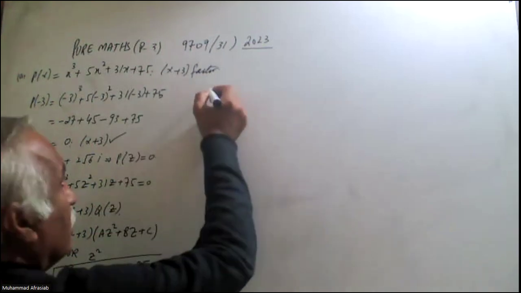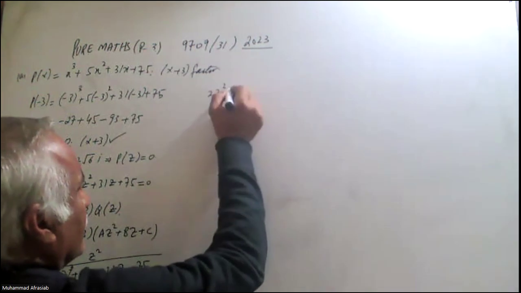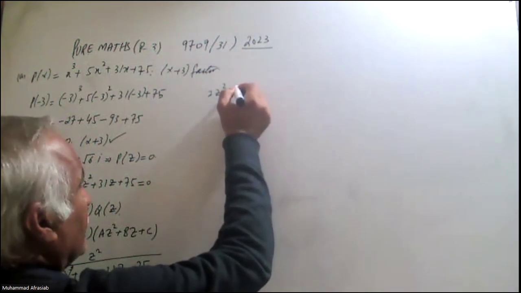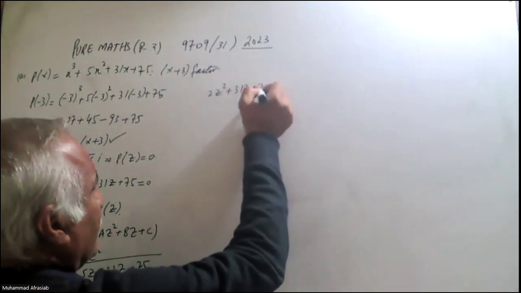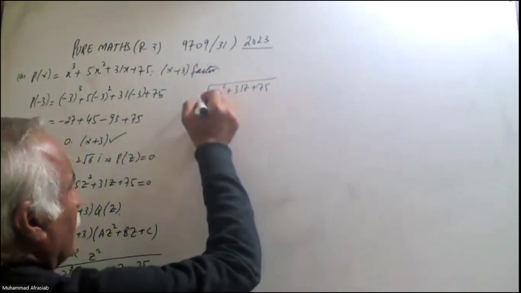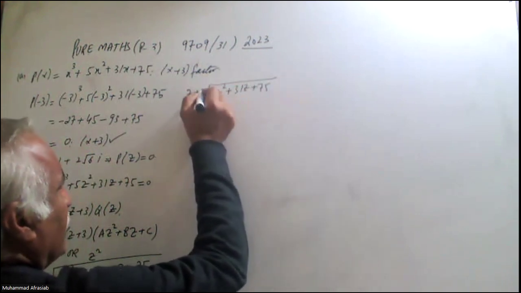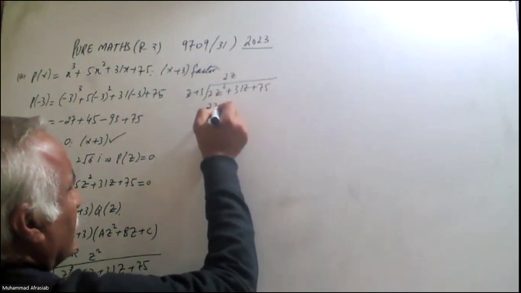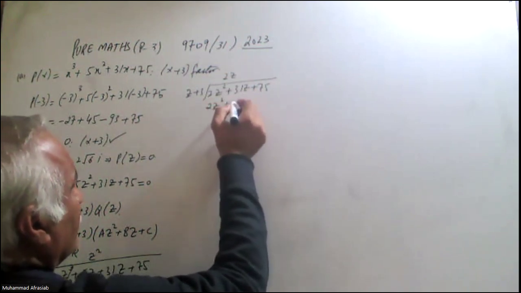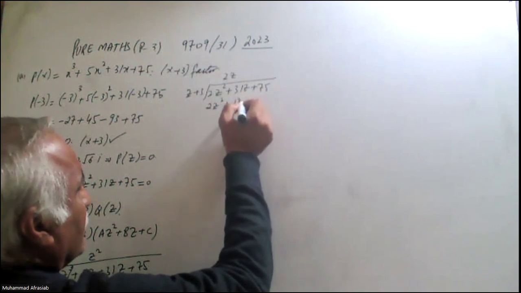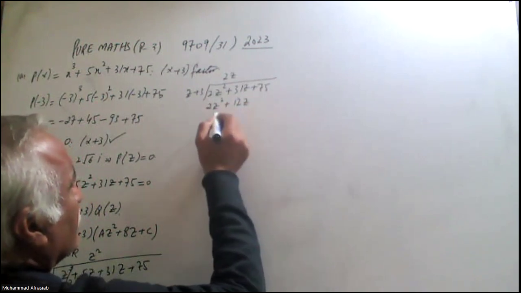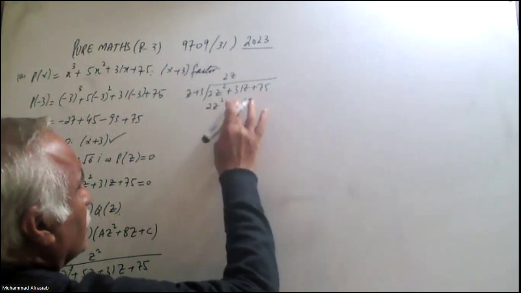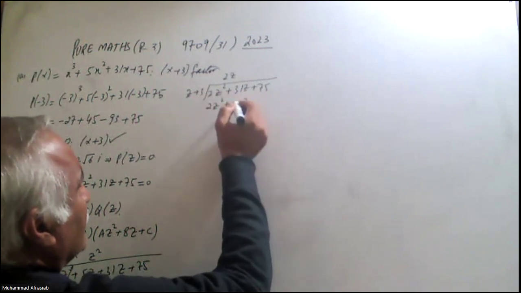Now 2z squared plus 31z plus 75 is divided by z plus 3, then it should be 2z squared plus, sorry, 2 threes are 6z.